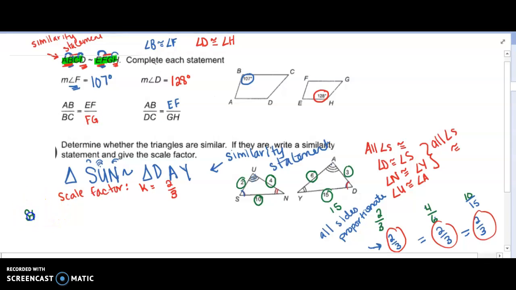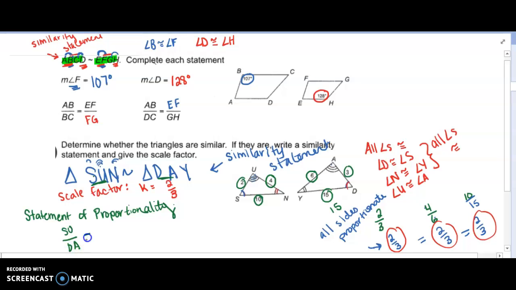All right, now last, I know it's not on here, but our book does cover it. I'm going to write a statement of proportionality, and that's comparing the side lengths. So SU is the first 2 here, first 2 here.